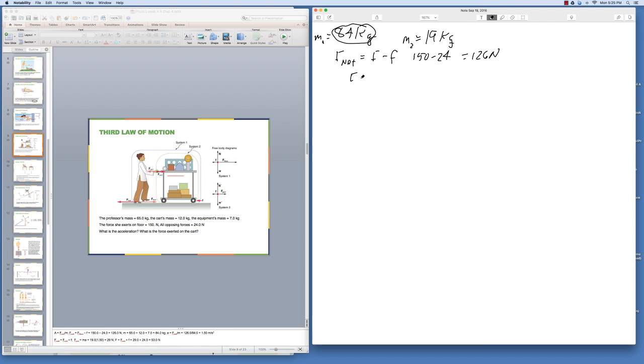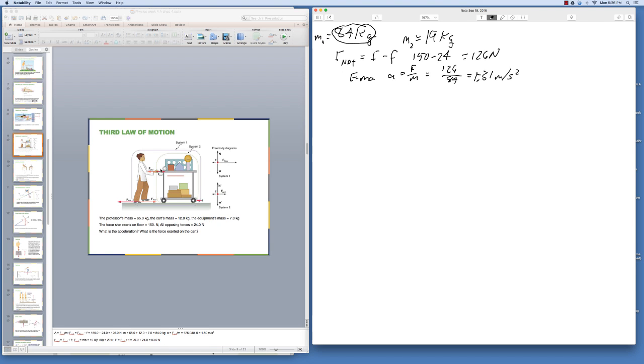And so if F is equal to ma, then a is going to equal F divided by m, which is going to be 126 divided by 84. So the acceleration here is 1.31 meters per second squared. So that's what the acceleration is.